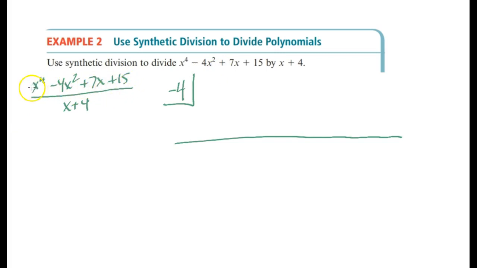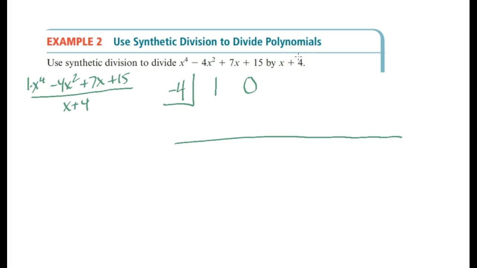So notice the coefficients, you can imagine that there's a 1 there in front of the x to the fourth. So we have 1, and then notice that there's no x cubed term. It goes x to the fourth and then x squared. So if there's no x cubed, we have to take that into consideration and put a 0 to represent 0x cubed.